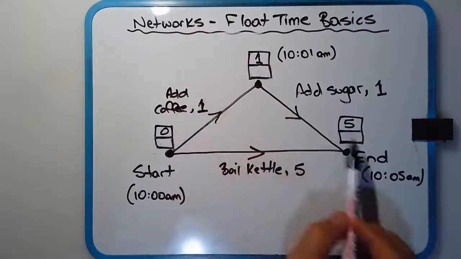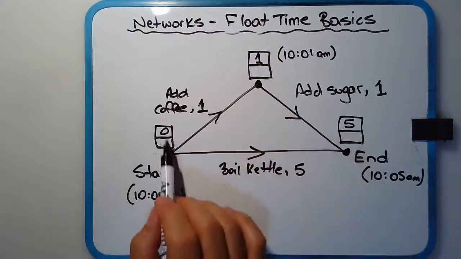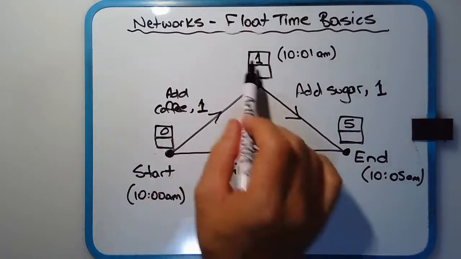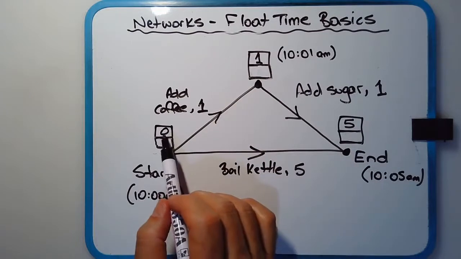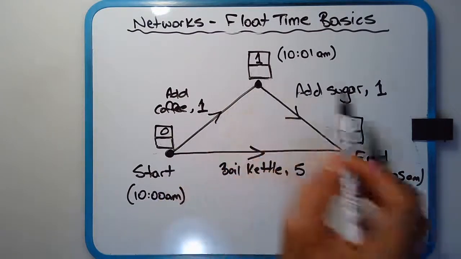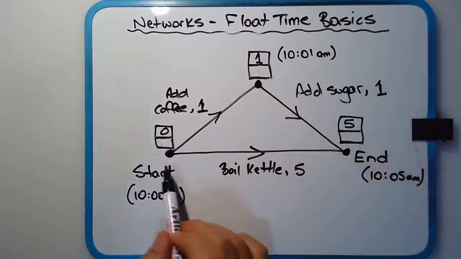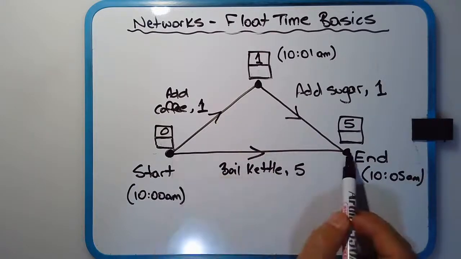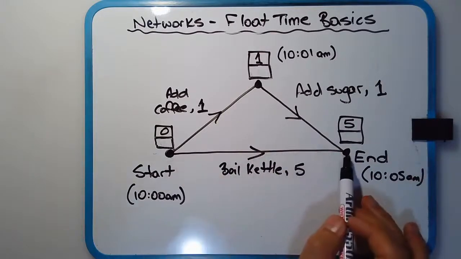Now, I've already done the forward scanning and filled in the dominoes, the top box of each of the dominoes. So 0, adding 1, you get 1, 1, adding 1, you get 2, or you can go from the starting vertex to the ending vertex via this activity, boiling the kettle, which is 5.